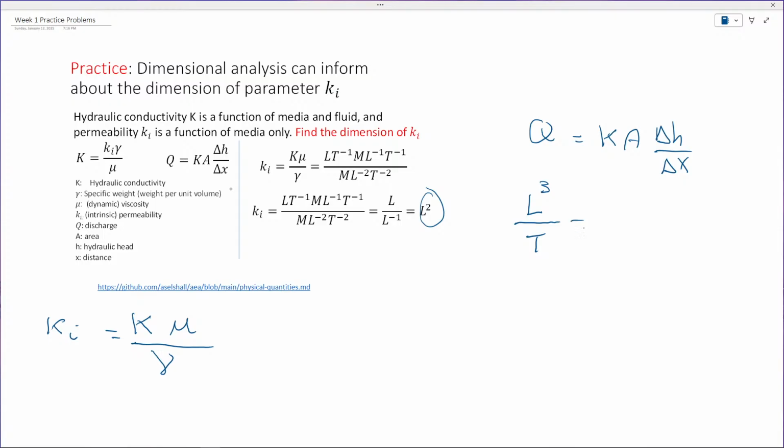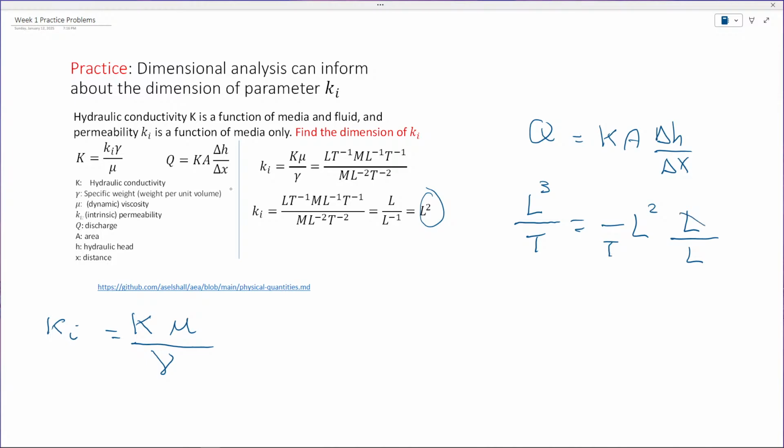K, I don't know the dimension of. Area is length squared. Delta H is the hydraulic head, which is energy per unit weight, so it has the dimension of length. And delta X is a length, so it has a dimension of length. So that's basically dimensionless. In order to get what we have on the left-hand side, we first need a T here because we have a T on the left, so we need another T here.